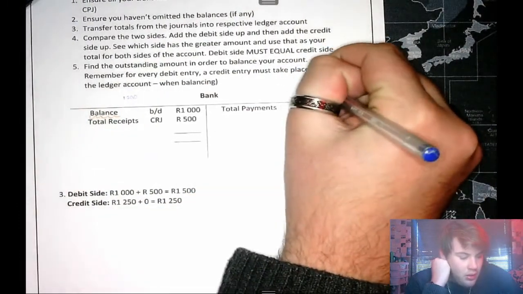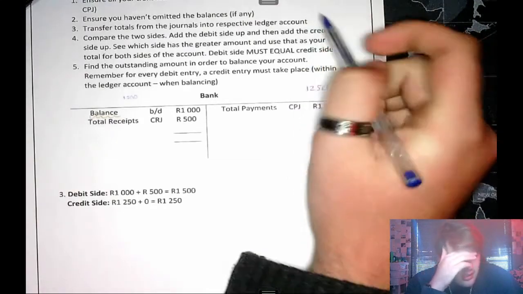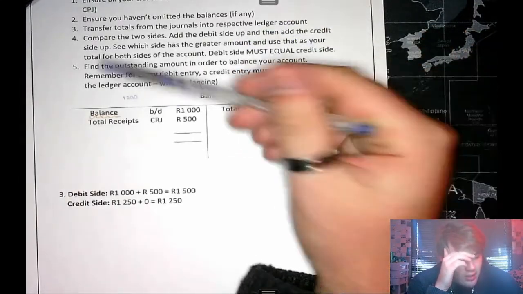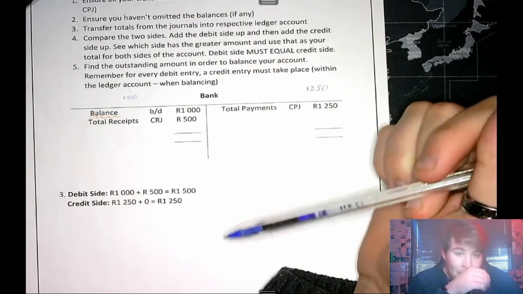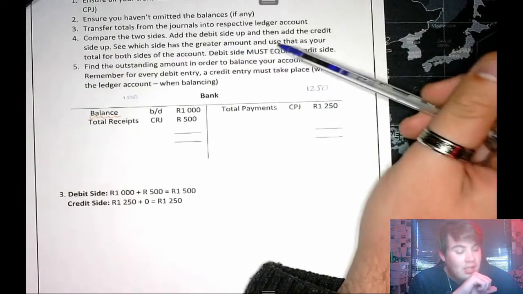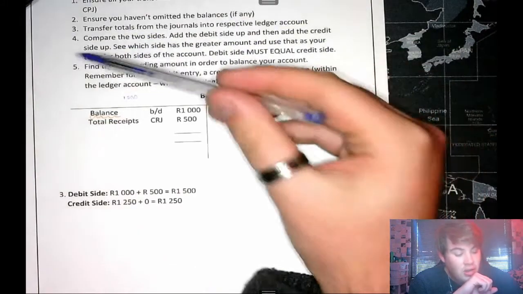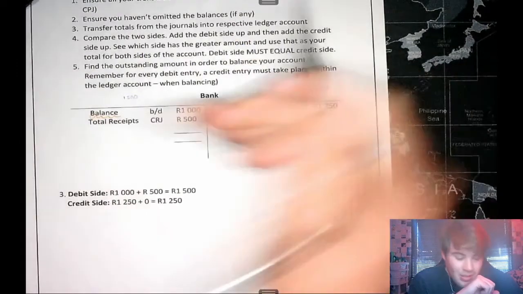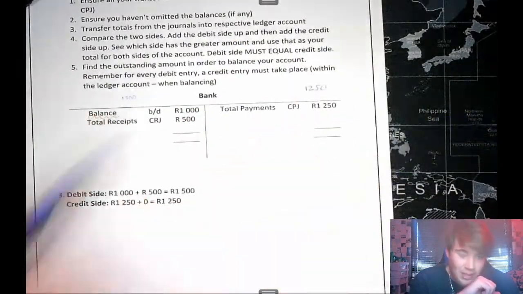So step 4 tells us we add the debit side up, which we've done, and add the credit side up, which we've done. Now we see which side has the greater amount and use that as our total for both sides of the account. And why? Because the debit side has to equal the credit side.